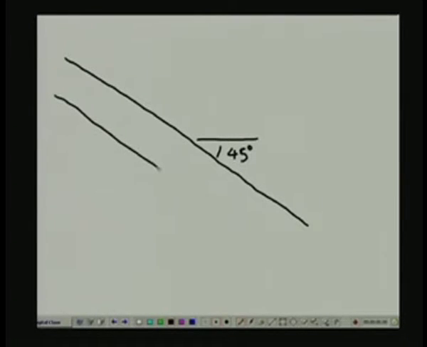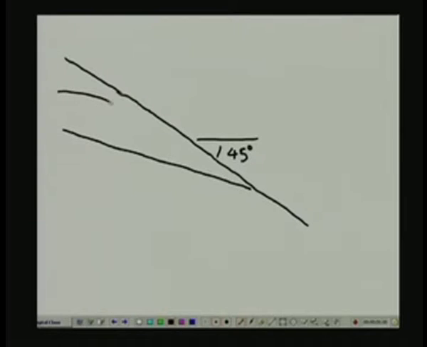What we got is a hill slope like this, and this angle here is 45 degrees, and the sandstone has got joints in it, and these joints are a little bit shallower dipping than the hill slope itself.